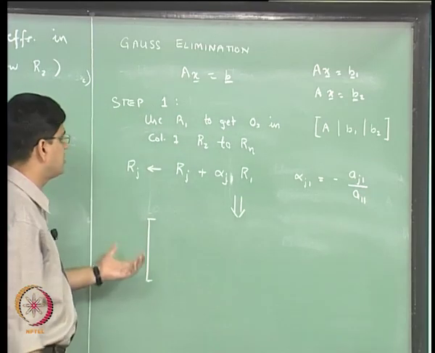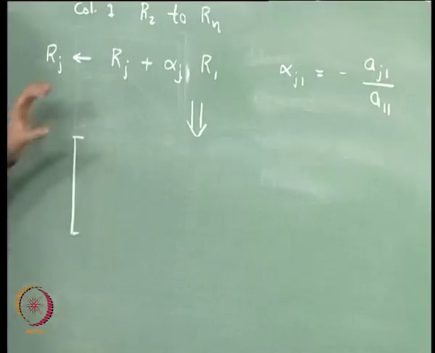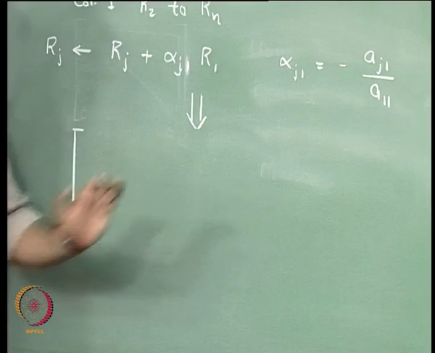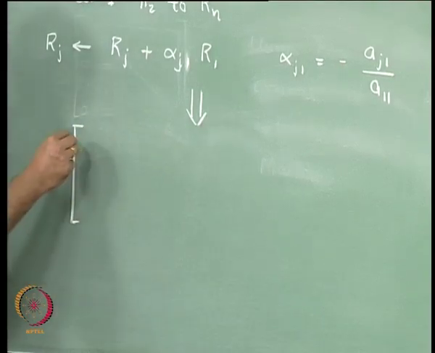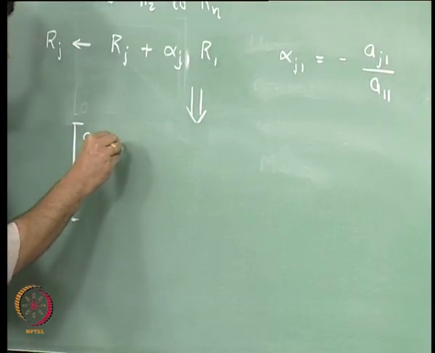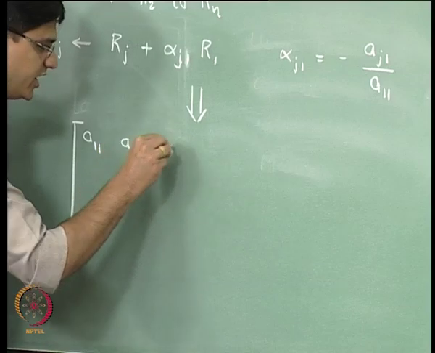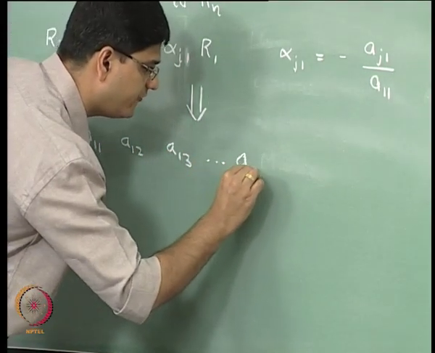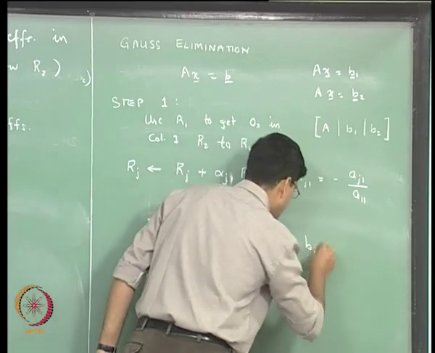Okay. So once we have this particular step, as a result we are going to get, so we will start off with the original matrix A11, A12, A13 up to A1n and then B1, and so forth. So our first row remains unchanged, so we will have A11, A12, A13, so on up to A1n, B1.